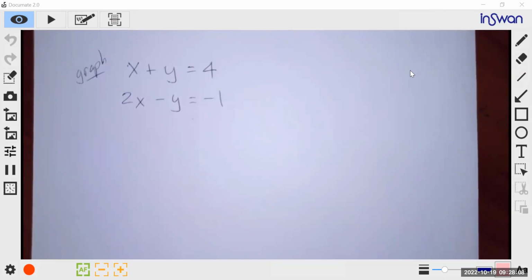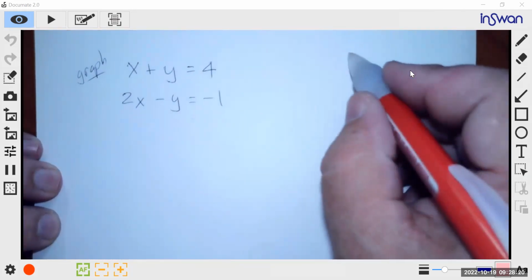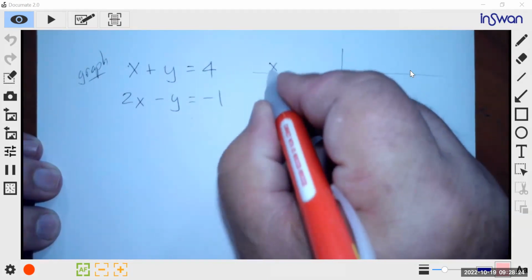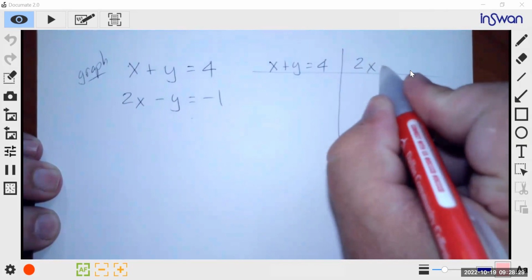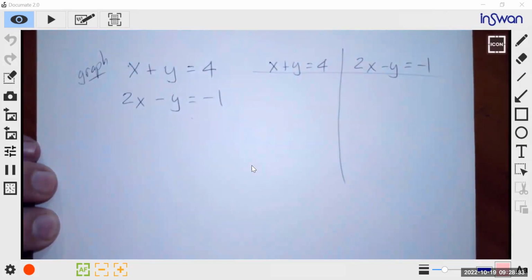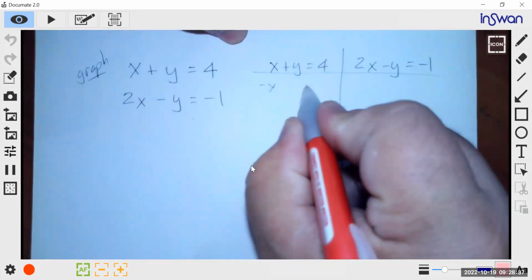Now, look at your notes. It was just on the board a minute ago. Solve for y. Put it in slope intercept form. Solve for y, so subtract x from both sides.